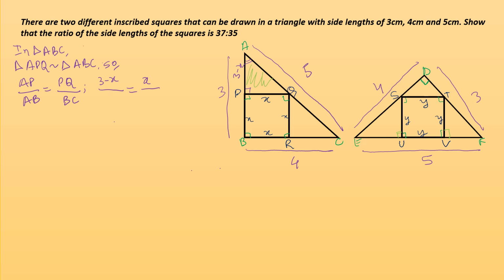AB is 3. So 3 minus x out of 3 is x out of 4. From here I get 4 times 3, which is 12, minus 4x equals 3x. So 12 equals 7x, or x equals 12 out of 7. And this is what I need.